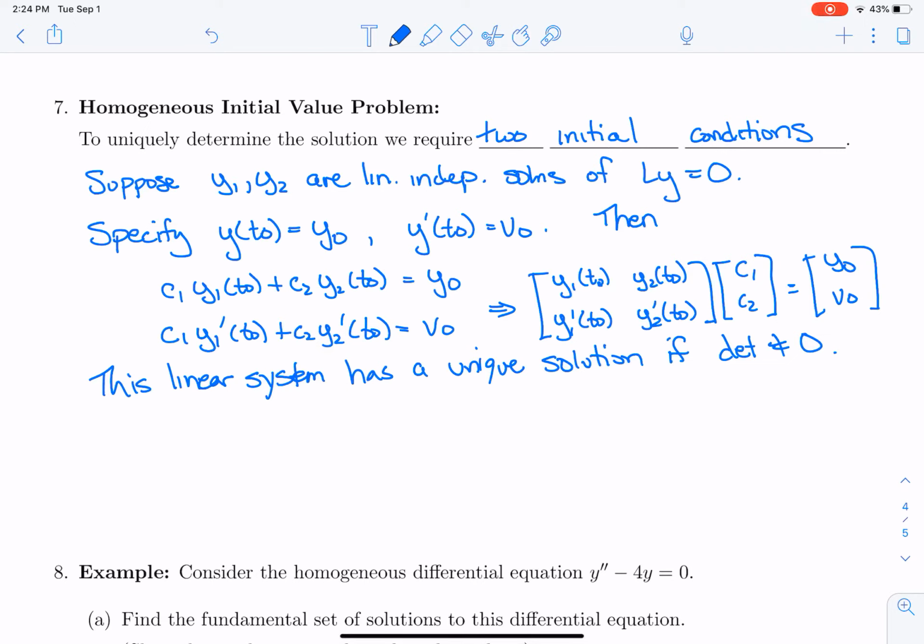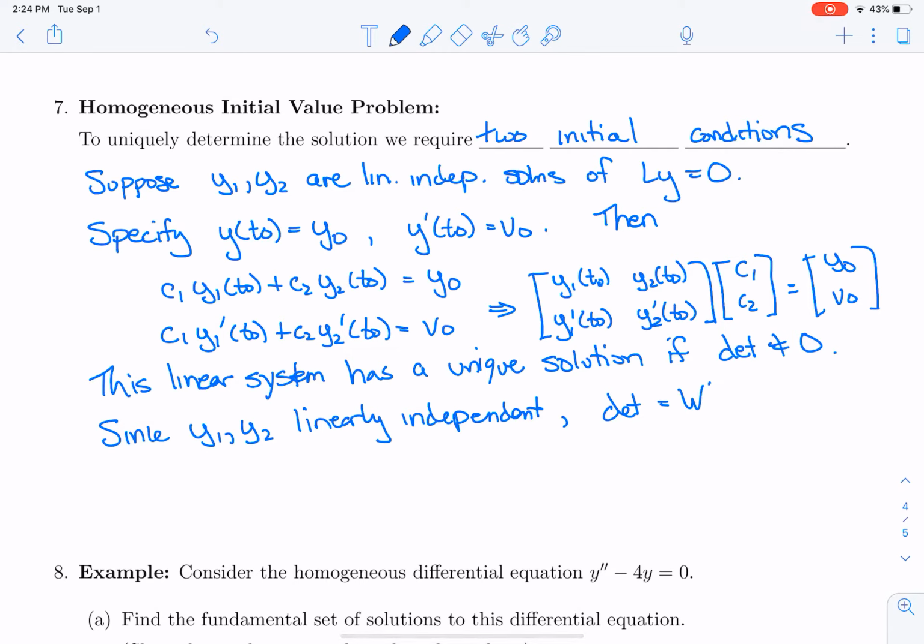Well, since we're going to start with y1 and y2 being linearly independent, then that determinant that I'm looking at is actually the Wronskian of the two functions. And I've already shown that those are not 0 if I'm starting with linearly independent functions. So that means that this system has a unique solution.